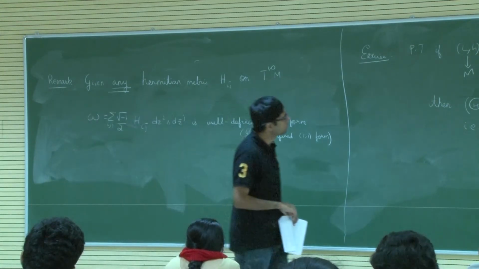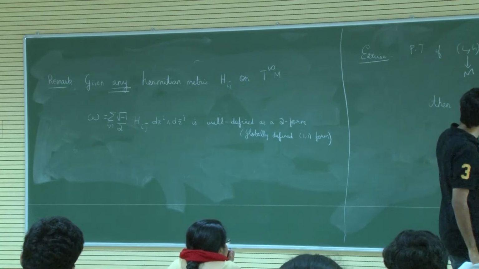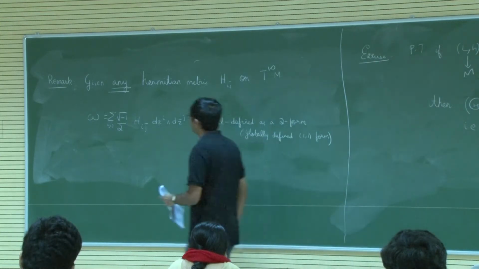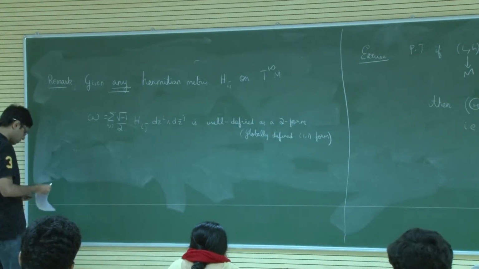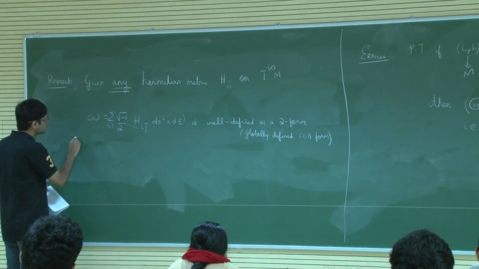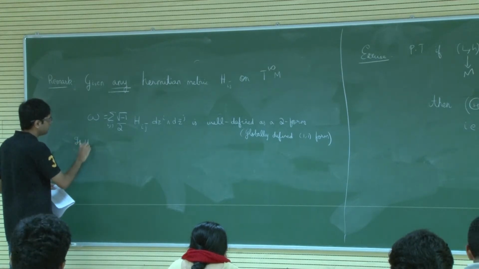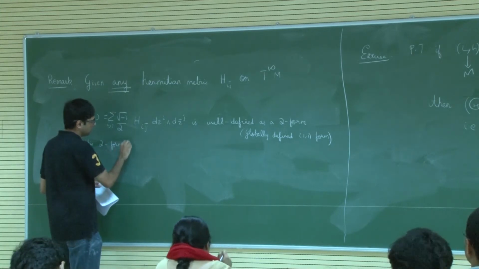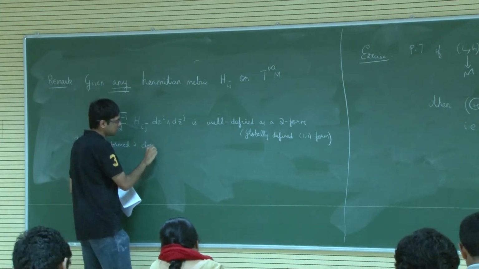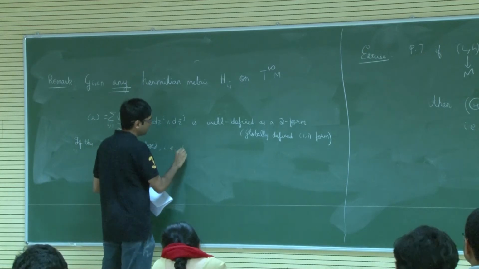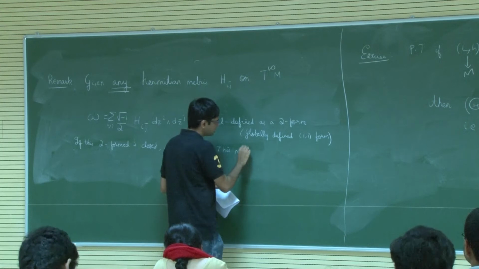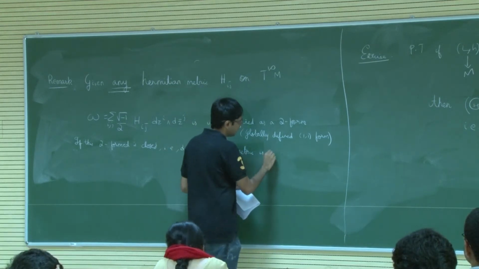My conventions have been chosen so that maybe this is bar, I think. I have to check this. Anyway, it's not important. The point is, if this 2 form is closed, that is, d omega is 0, this metric is called Kähler.